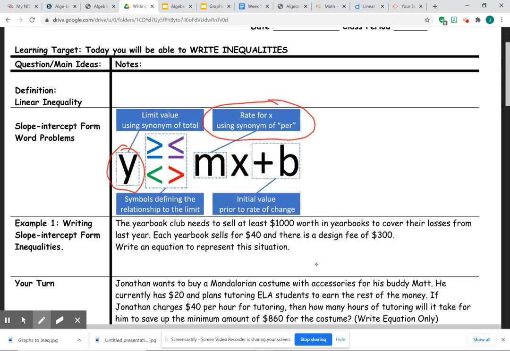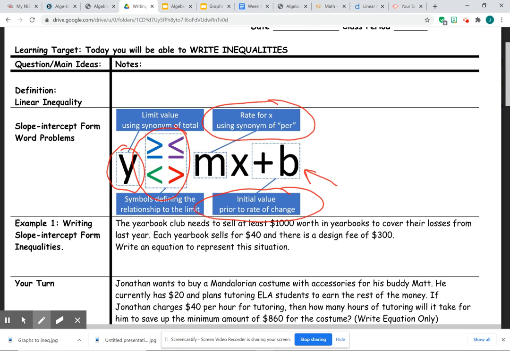And then finally, we have the initial value, which is the b. We call that the slope-intercept in an equation, in a graph, in a table. But in a word problem, we pretty much say this is how much things are before we start adding the rate per item. And of course, today's focus really is on inequalities, and you'll have lots of practice with those.